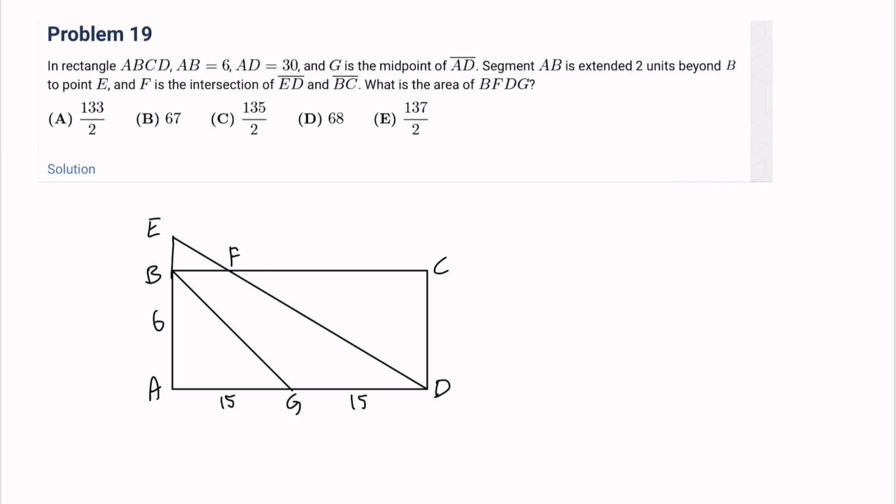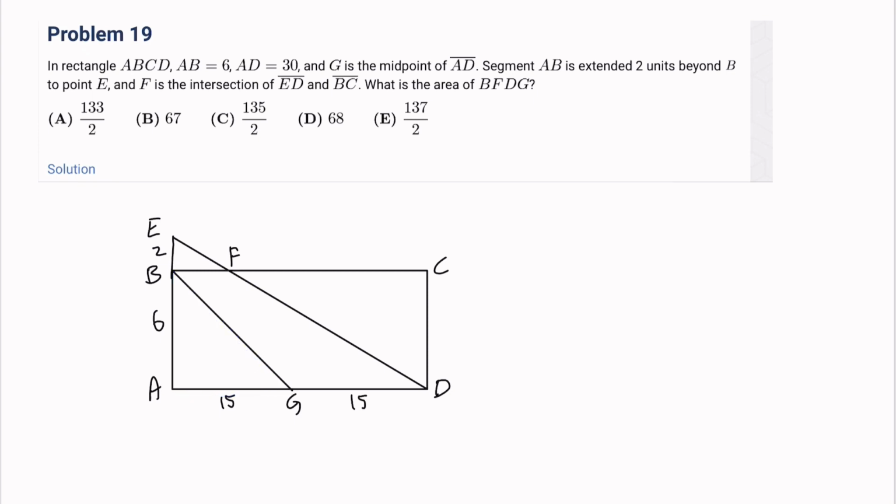Segment AB is extended 2 units beyond B to point E. F is the intersection between ED and BC, right here. What is the area of BFDG? So we want this area right over here, and so what we need is just this rectangle ABCD minus CFD minus ABG, right?